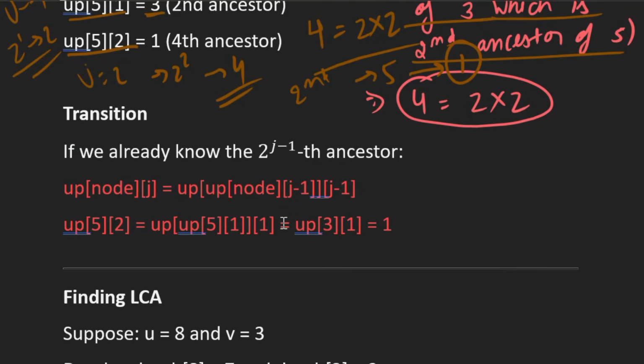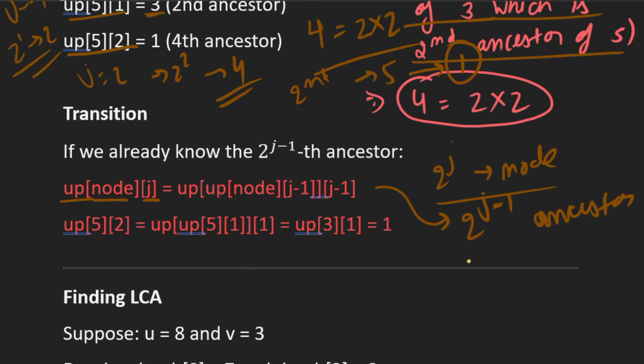So from that we have one formula, that is up of node and j. That means the 2 to the power jth ancestor of node is equal to the 2 to the power j minus 1th ancestor of the 2 to the power j minus 1 ancestor of node.